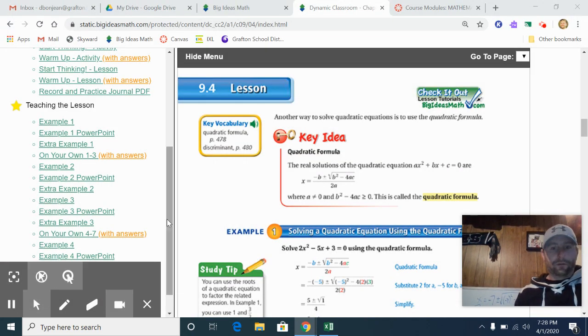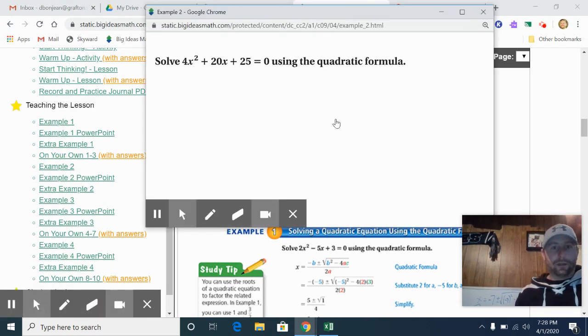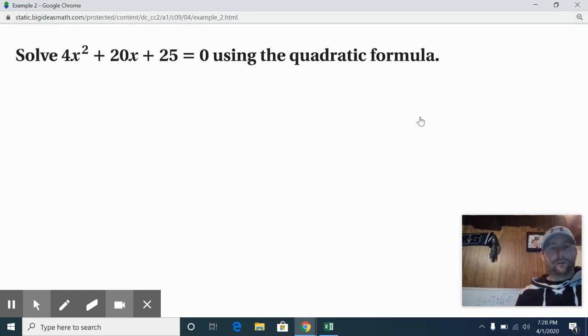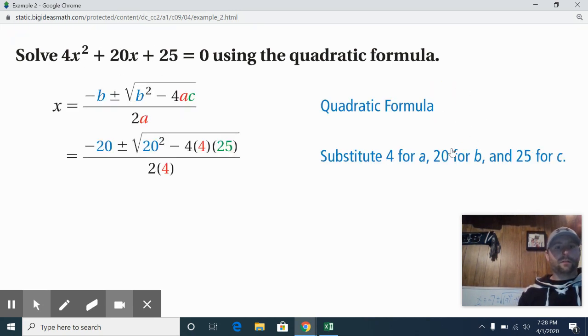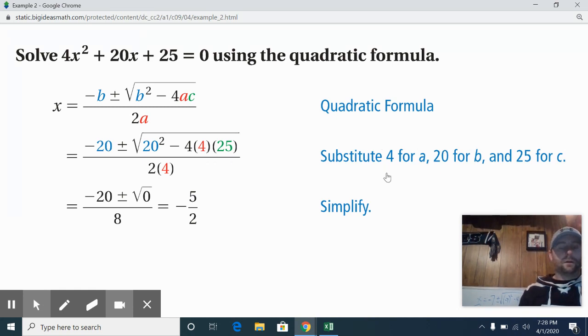So let me just run through this with you real quick. The second example is really just more of the same. We have numbers that we're just going to plug into the quadratic formula. And again, what comes out is what they wanted to show you, I guess, that there's actually only one answer for this problem, because when you do the math underneath the square root symbol, it comes out to be 0.